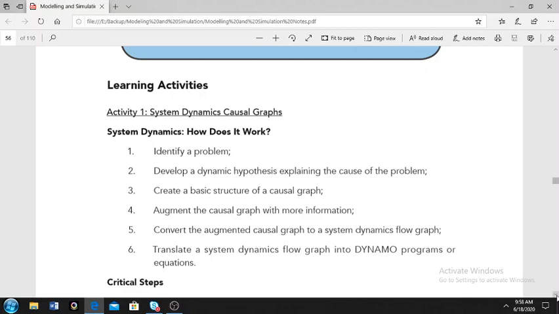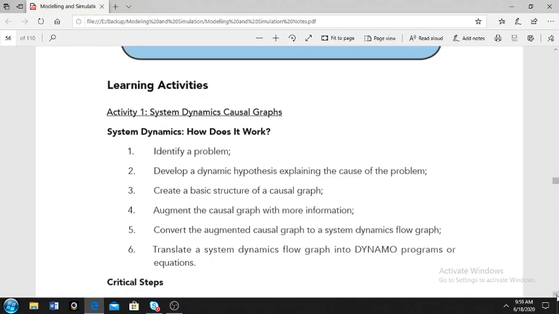Now, briefly, how does system dynamics work? You identify a problem, you develop dynamic hypotheses explaining the cause of the problem, you create the basic structure of a causal graph, you augment the causal graph with more information, and you convert the augmented causal graph into a system dynamics flow graph, what we call a stock and flow graph.